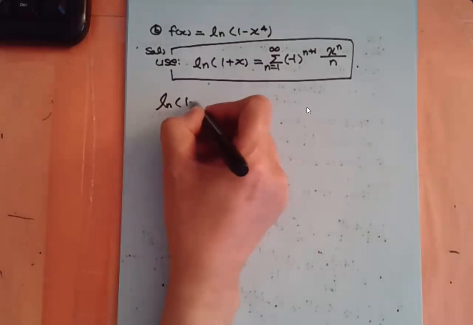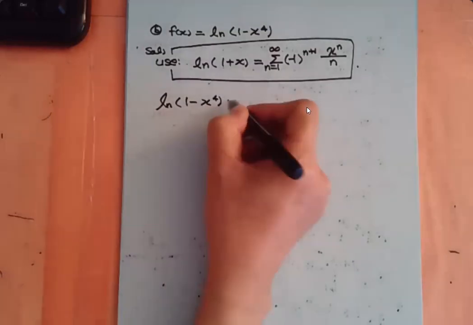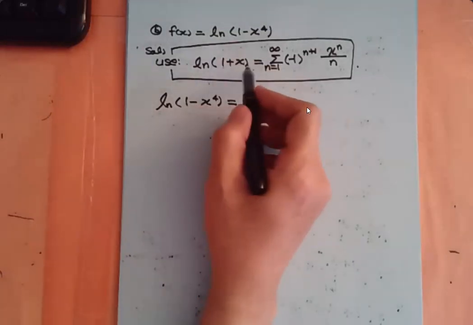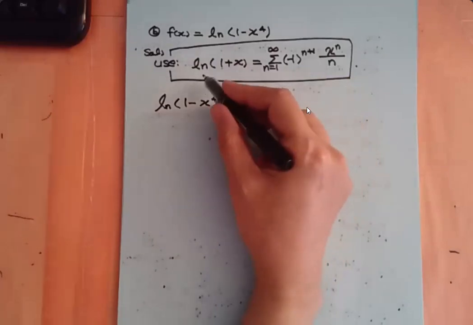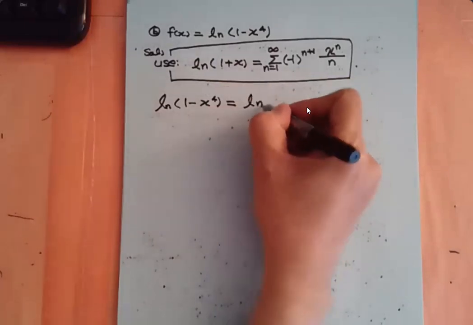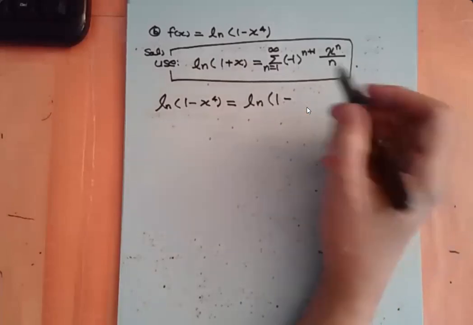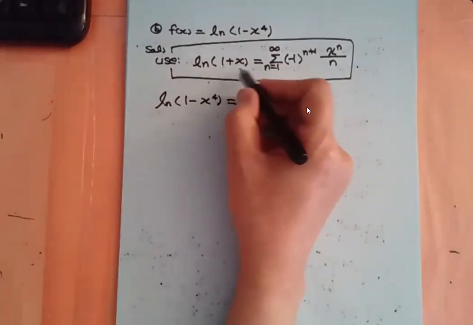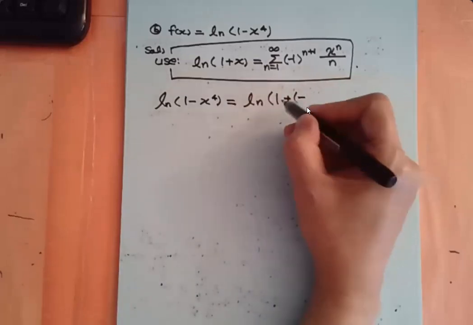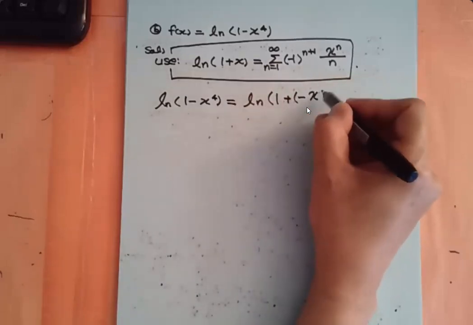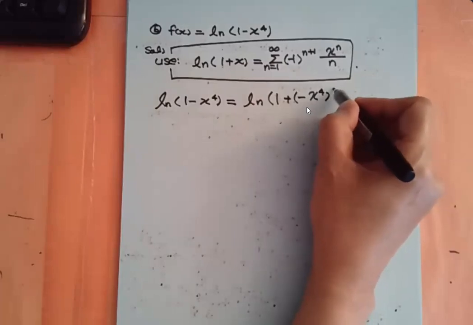Natural log of 1 minus x to the 4th power is given. We want to use this, so we will convert the format. Looks as if that is in this formula. So I would write plus negative x to the 4th power.